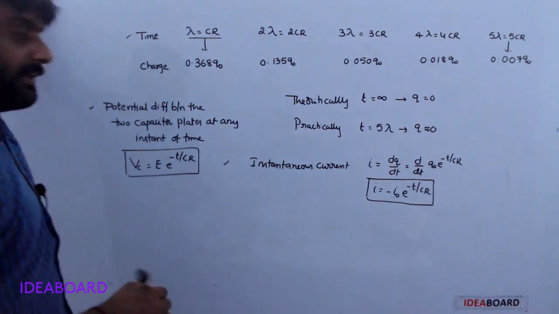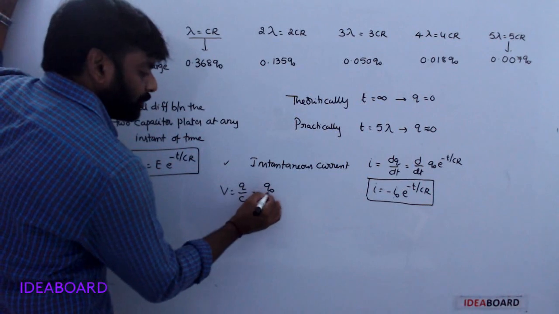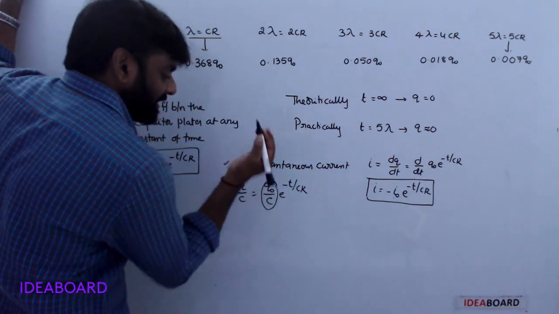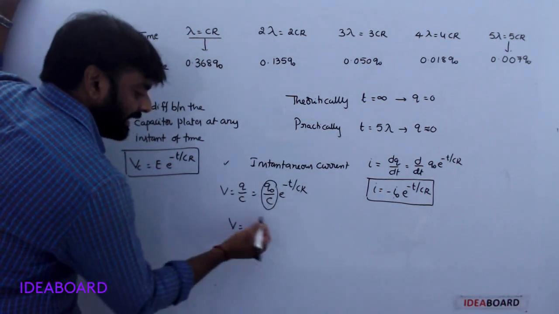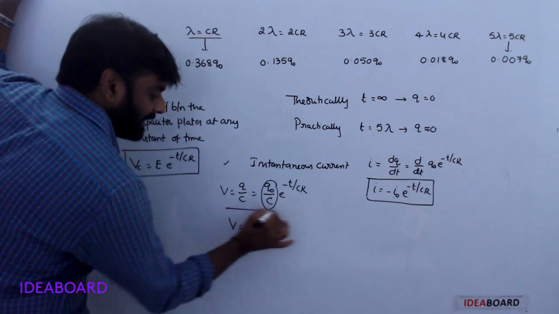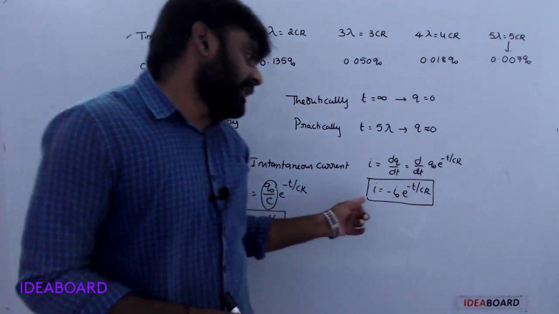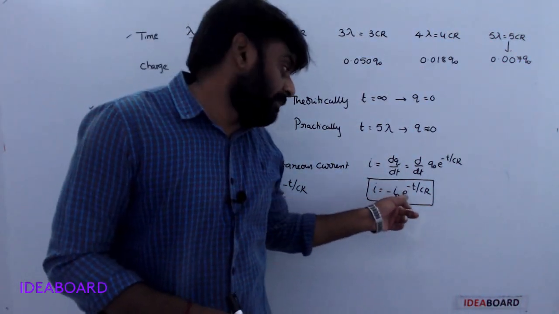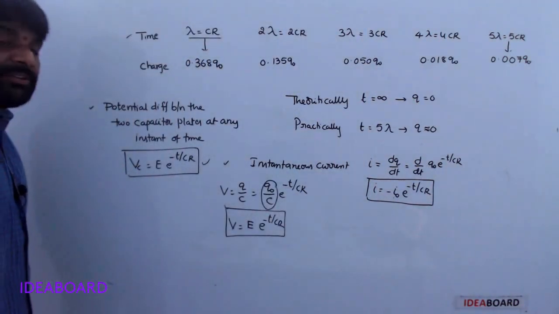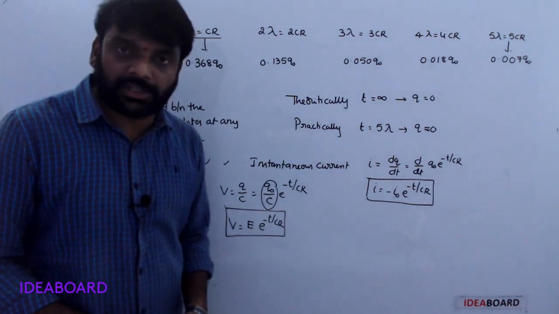V is equal to Q by C, you know already. Q naught by C is nothing but the maximum EMF, the battery EMF. So at any instant of time, the current I is equal to minus I naught e power of minus t by CR, and the potential drop between the capacitor plates is E into e power of minus t by CR. Understood?